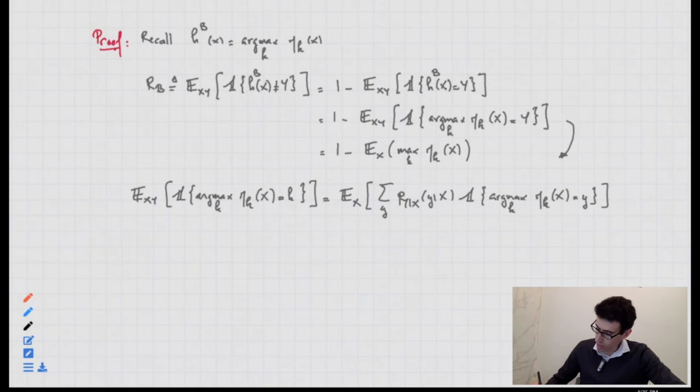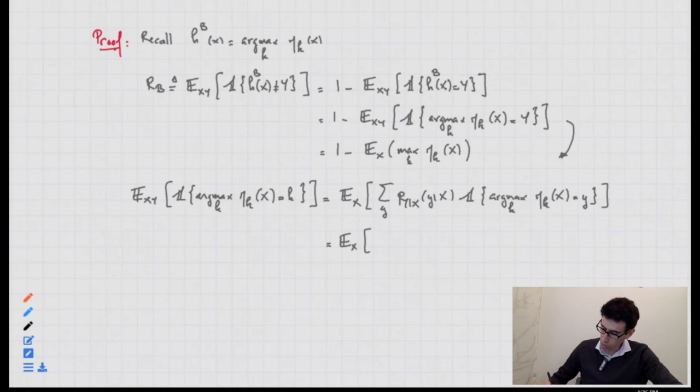Now, if you look at this expression, let's think a little bit. When is a term in my summation non-zero? Well, it's only non-zero if my indicator function is non-zero. My indicator function is only equal to 1 if the label y that I'm using is indeed equal to that argmax. And therefore, that complicated sum takes a much simpler form, because in that sum, there's actually only one point where it's non-zero, and that's the point where y is equal to the argmax.